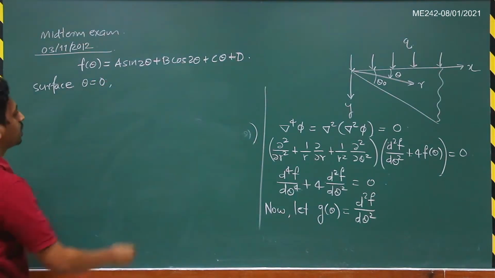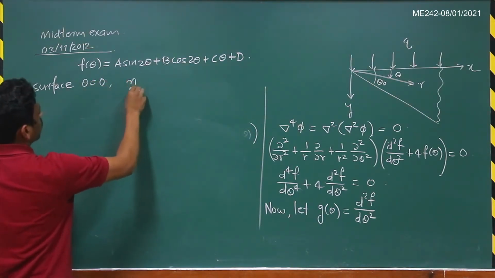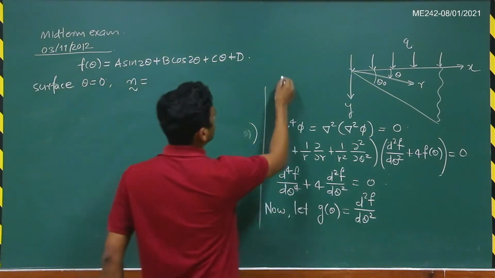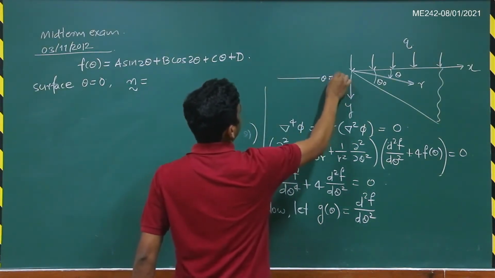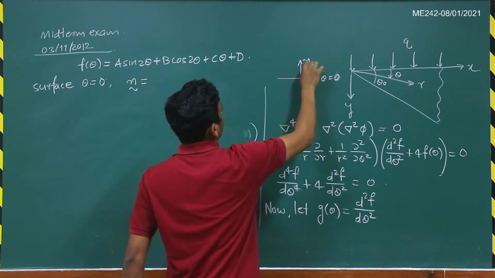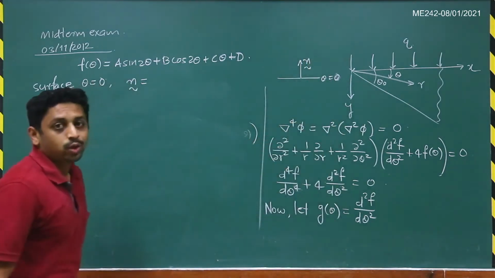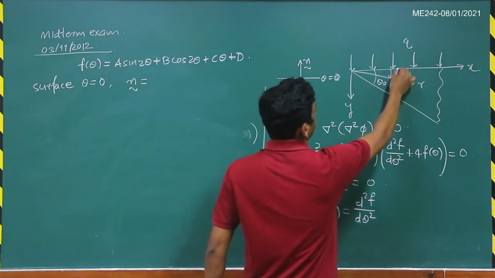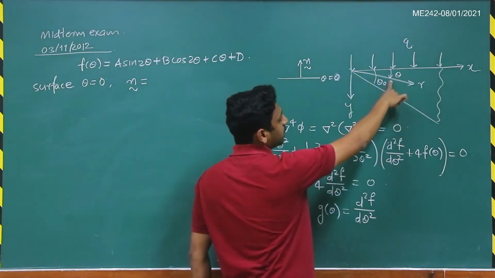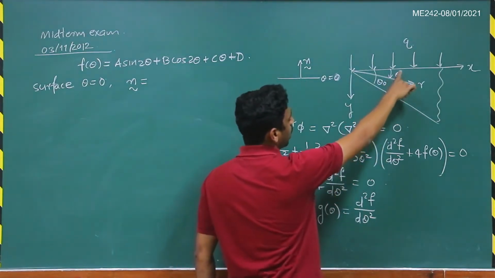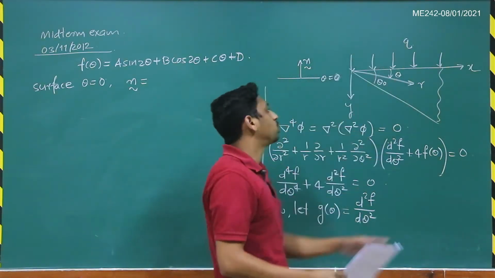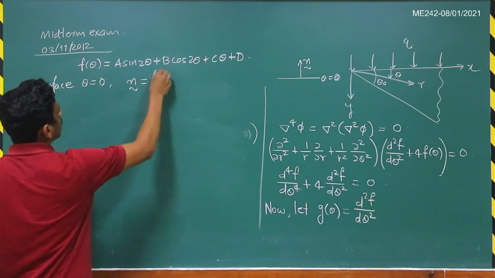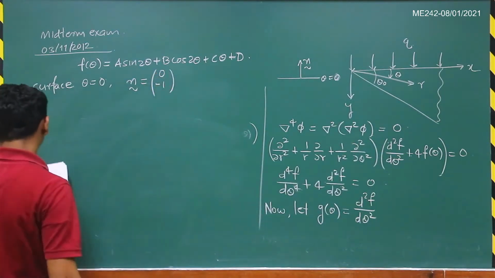On this surface, the normal will be pointing outward like this. In polar coordinates, the theta rotation is given in the figure, so this normal will be pointing opposite to e theta. So we have this normal to be (0, -1).